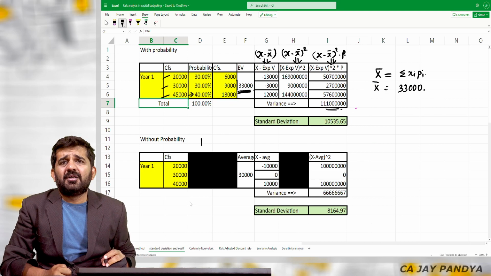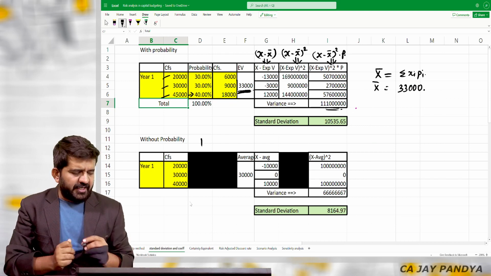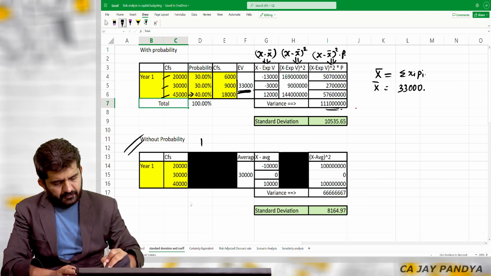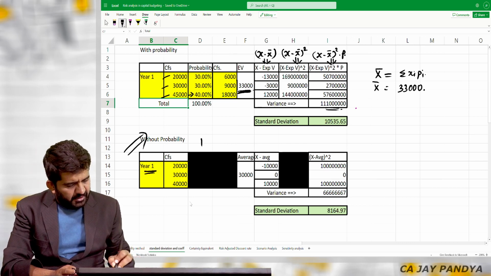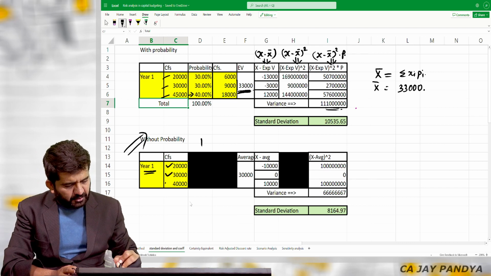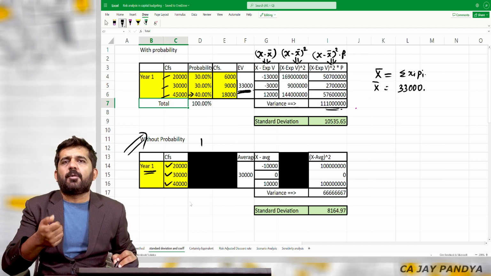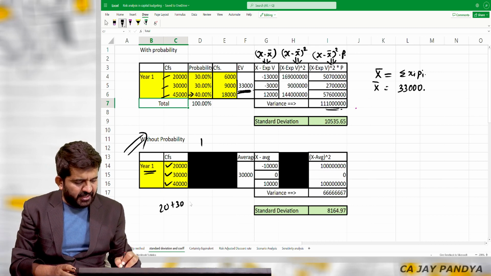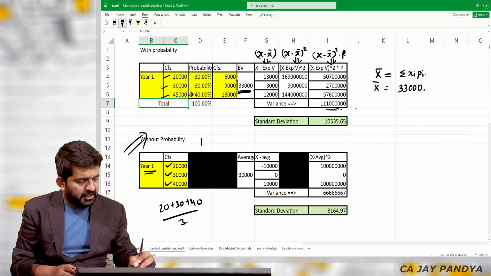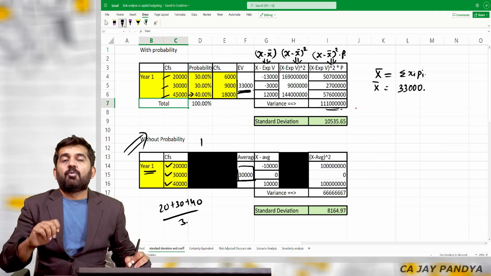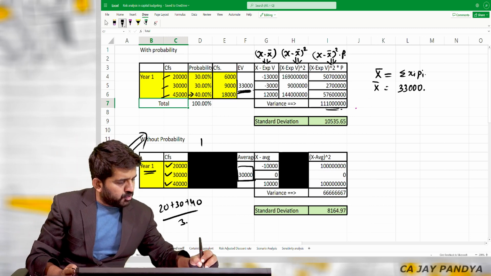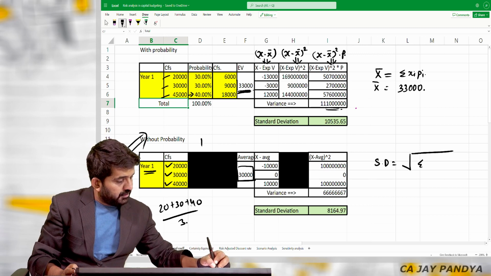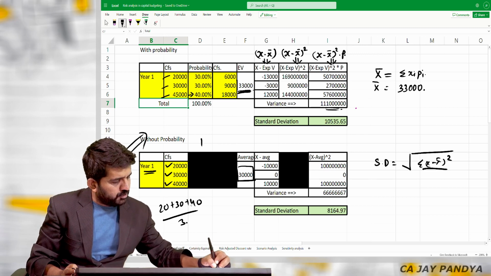If at all probability is not given, which is very rare, you can easily find out the answer. How? See over here. In year 1, the cash flow might be 20,000, 30,000, 40,000. Now we are not having probability, so we can take probability as equal, or we can just take a simple average. That is 20 plus 30 plus 40 divided by 3, which will be 30,000. Which formula will we use to find out standard deviation? It is sigma x minus x bar whole square upon n.